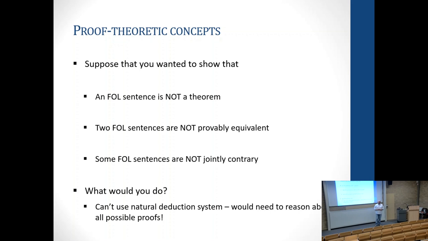How would we show that an argument is invalid using our natural deduction system? Unfortunately, we can't. We could just keep going infinitely trying to make the proof work. To show that the argument's invalid, we do what we did in the midterm. We build an interpretation that makes the premises true and the conclusion false.